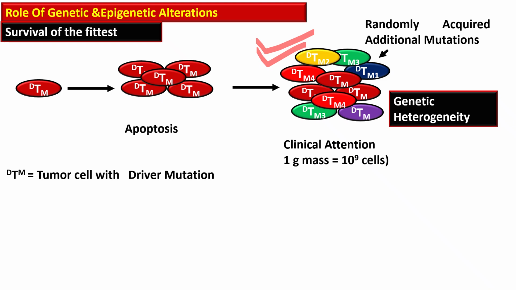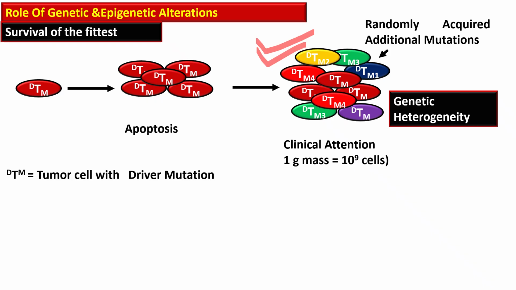They are genetically heterogeneous, containing many different subclones, each with a unique genetic profile. So subclones of the tumor compete for nutrients, oxygen and space in the tumor microenvironment, and therefore the most fit subclones survive and proliferate.